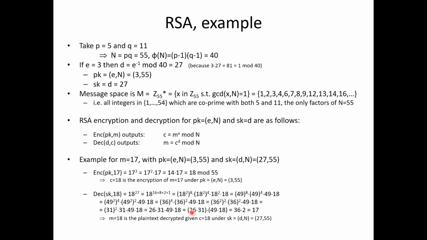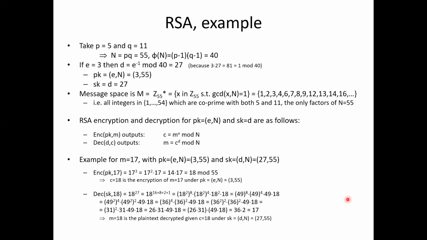And these I have to do by hand. Anyway, it's a form of square and multiply, but actually slightly different than the one I was giving you earlier. This is the one that is in the textbook.